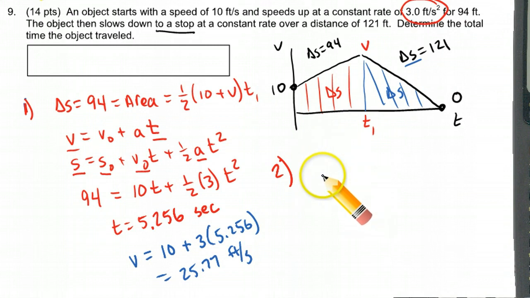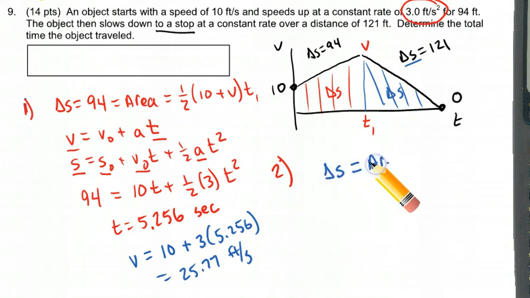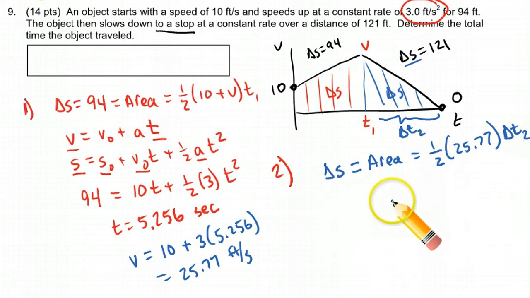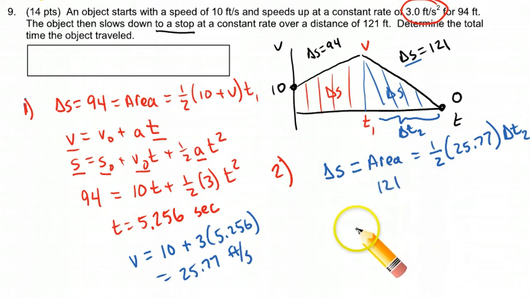Alright, so part two, our delta S is going to be the area. That's just a triangle, 1/2 our velocity 25.77 times this time right here, so we'll call it delta T2. Okay, and the area was 121.